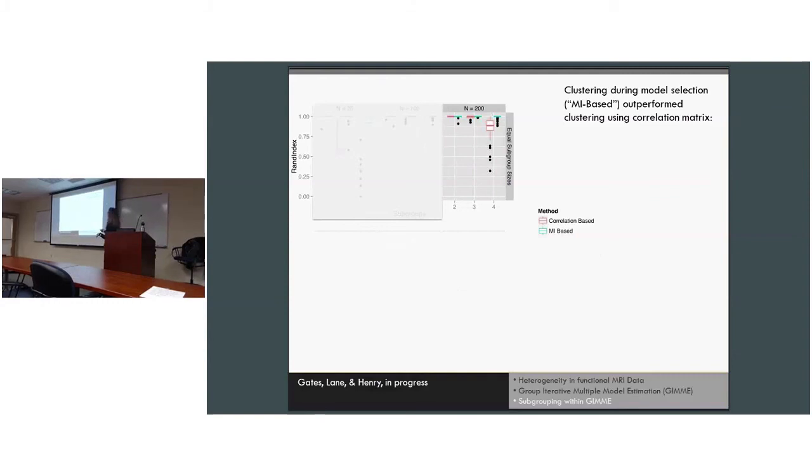Blue is the MI-based approach, which means that after getting the group level paths, we take everybody's MIs, vectorize them, and correlate them for a new correlation matrix. The model-based approach, the one that we do after getting the group level paths, outperforms once we get up to 4 subgroups. Both do very well for 2 and 3 subgroups.